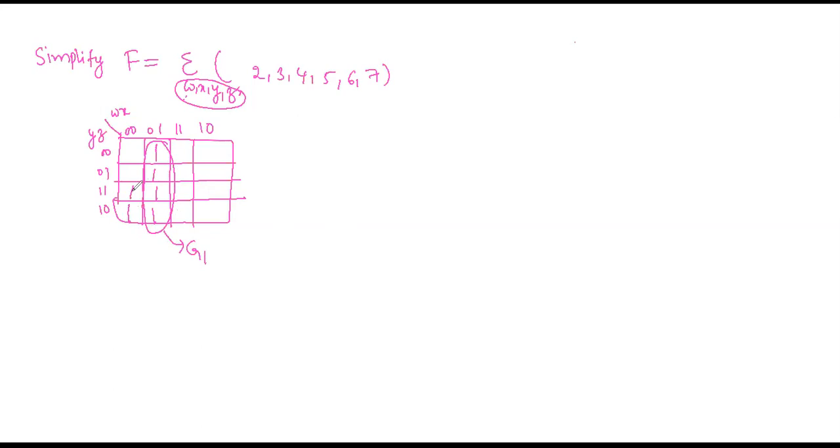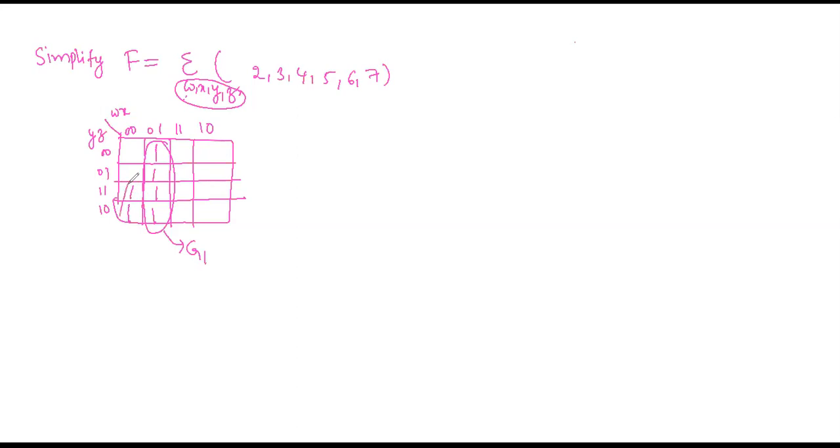So we can form these two as a group because these two are vertically side by side cells, so these two are adjacent. You can form one group with these two.